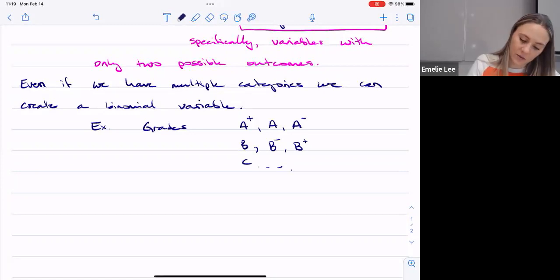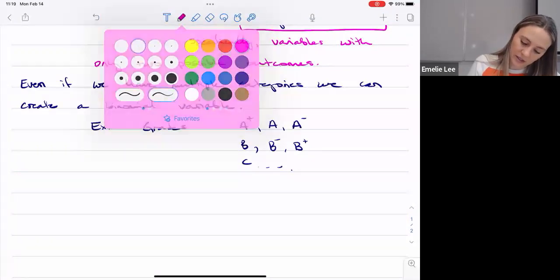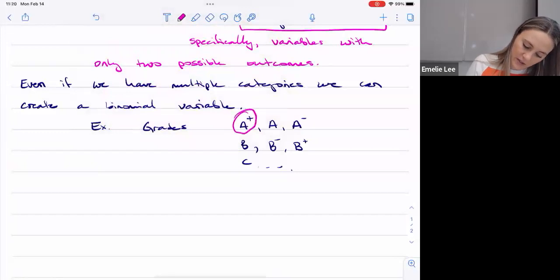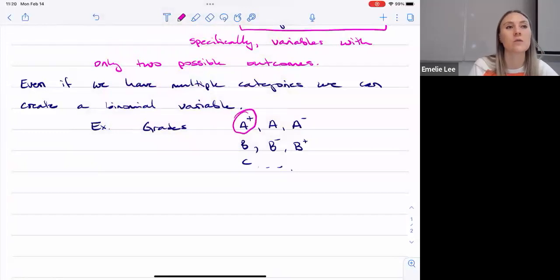What if this is the only category that we're interested in? What if an A plus is the only one, and I want to predict who is going to get an A plus in this course? That's a category. And if you didn't get an A plus, then that's in a 0 category. So usually we denote these as 0s and 1s.